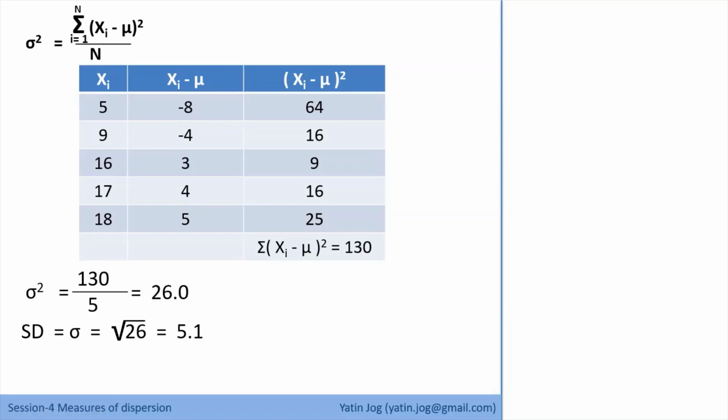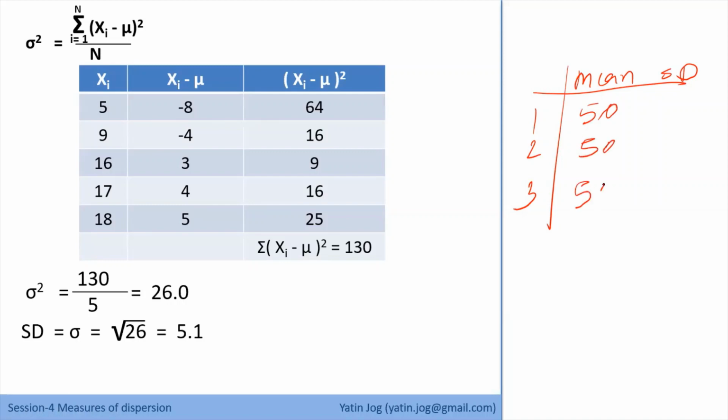Now, if I tell you the values of mean and standard deviation or variance, can you visualize the data set and the difference between data sets? For example, if I give you 3 data sets with mean value and standard deviation value. Data set 1 has a mean of 50, the second also 50, and the third also 50.